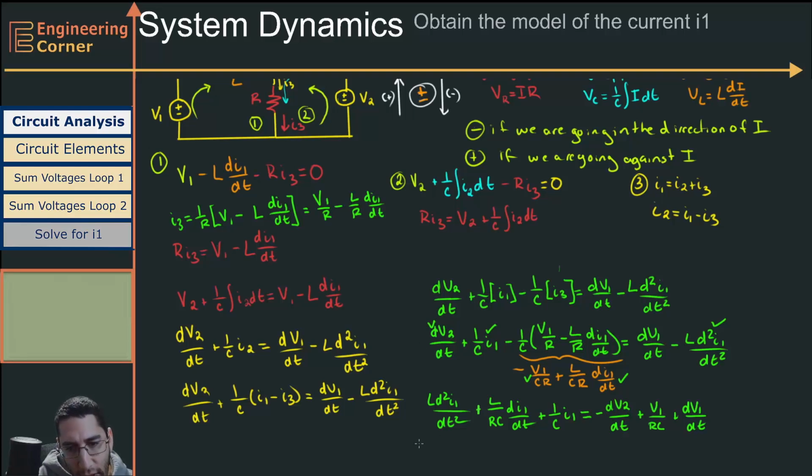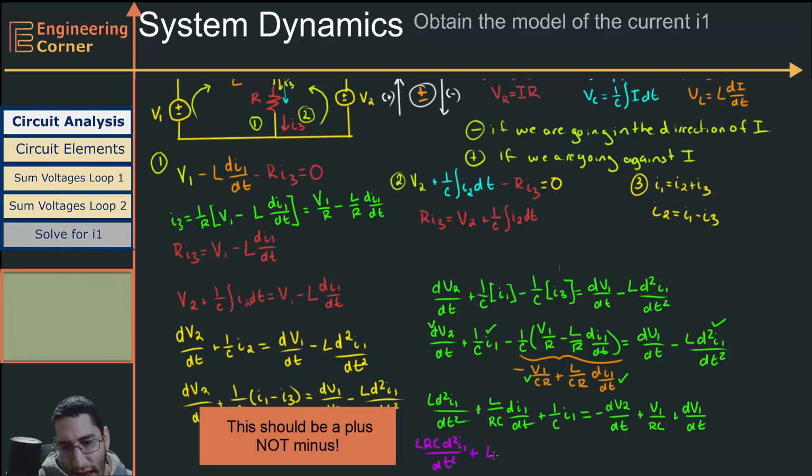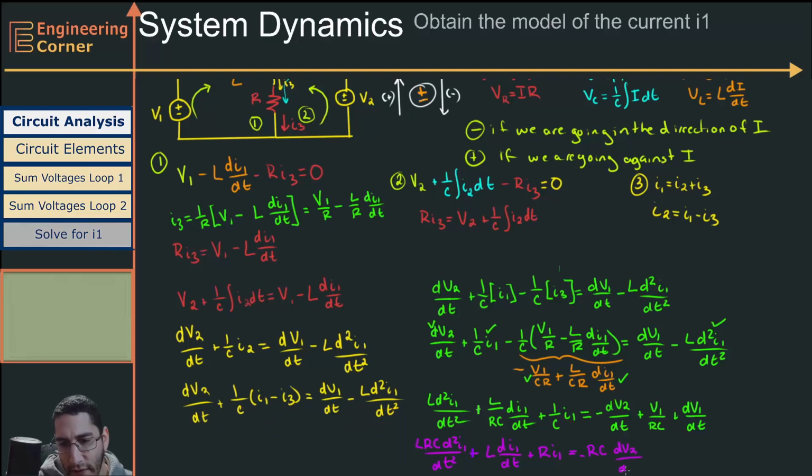I'm going to have L R C d squared I1 over dt squared minus, well, this is just L di1 over dt. Then this is going to be plus R I1 is equal to minus RC times dv2 over dt.